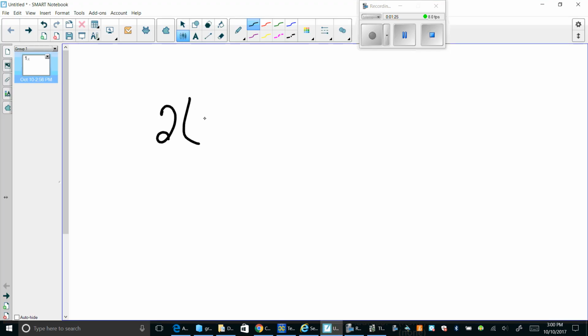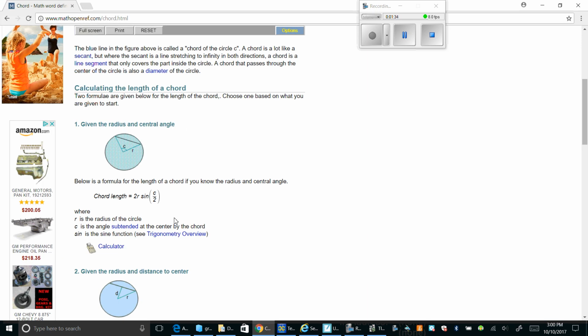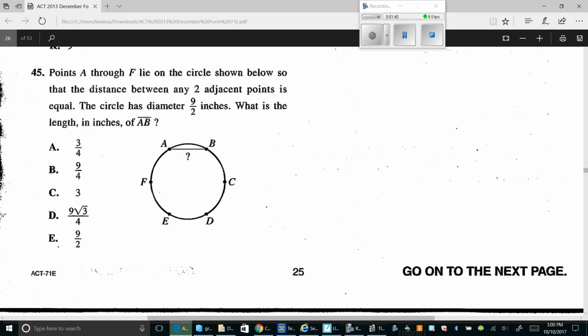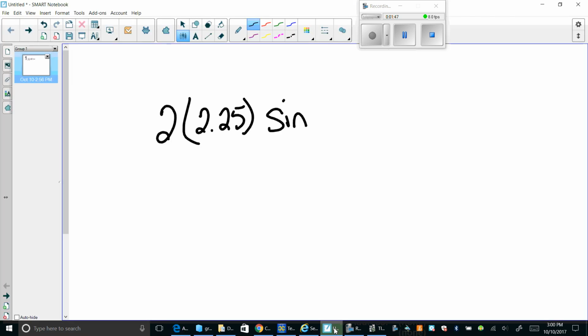So 2 times 2.25 times the sine of c over 2, where c is the central angle. And this central angle here would have to be 60 because there's 6 of them and it's 360 all the way around. So the sine of 60 over 2.